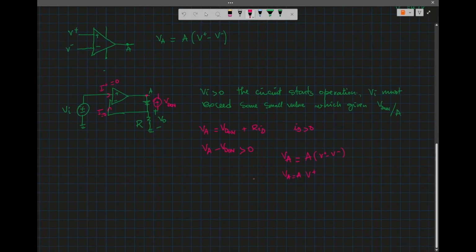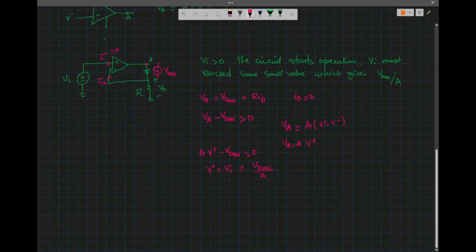So then VA, which is A times V plus, minus VD on must be positive. That means V plus, which is the VI, must be bigger than VD on over A.